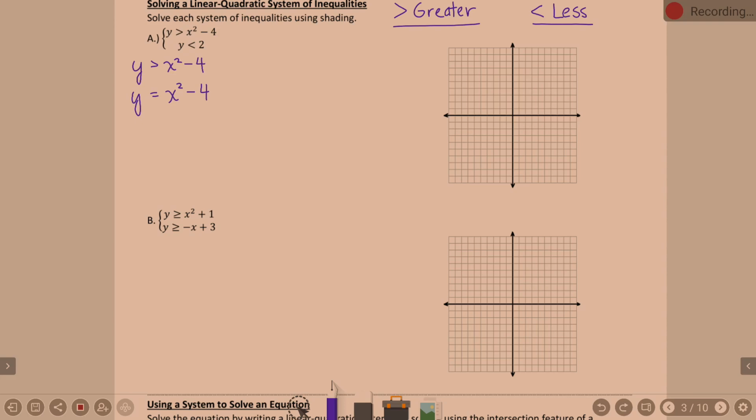In other words, because there's no x term, we can just think about this as a parabola that moves down 4. So the x squared tells me it's a parabola. The minus 4 tells me it moves down 4.